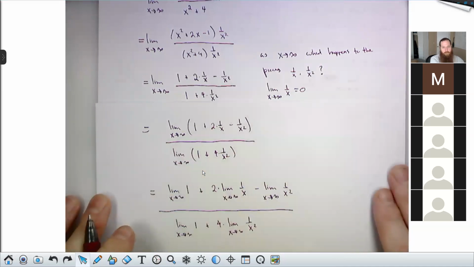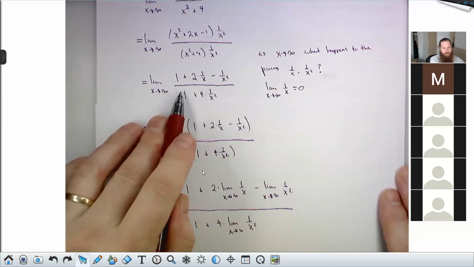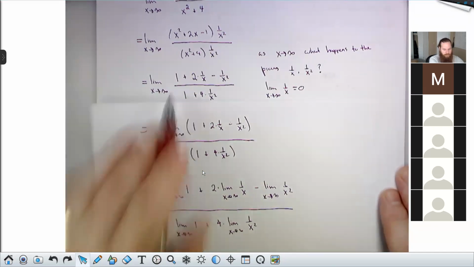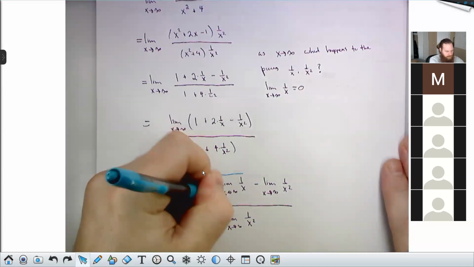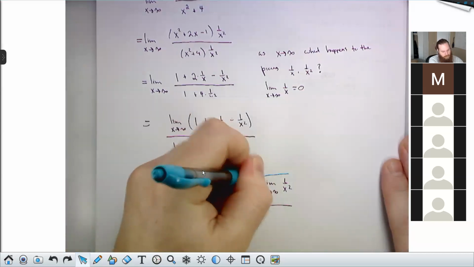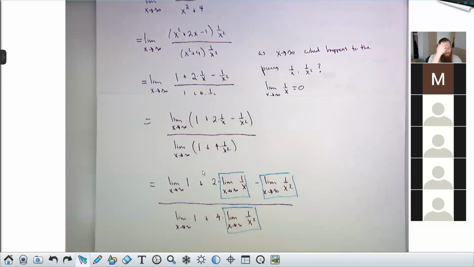This is me applying the limit laws from earlier in the week to this expression after we renormalize. So the pieces we need to figure out are this piece and this piece. Everything else is easy, right? The limit as x goes to infinity of 1 is just 1, the limit of a constant function. So these three pieces in the blue box are the hard pieces to figure out.